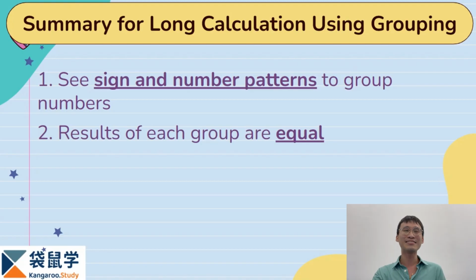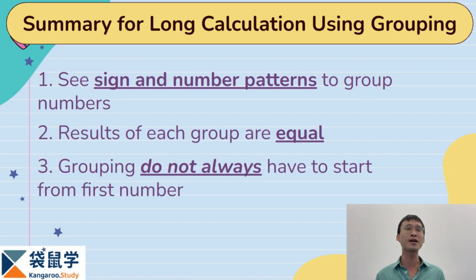And finally, does grouping always have to start from the first number? Not necessary, as the purpose of grouping is to make our long calculation easier to handle. So, clever grouping matters most for long calculations.